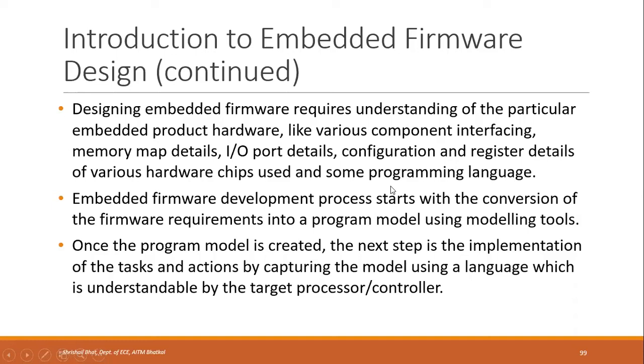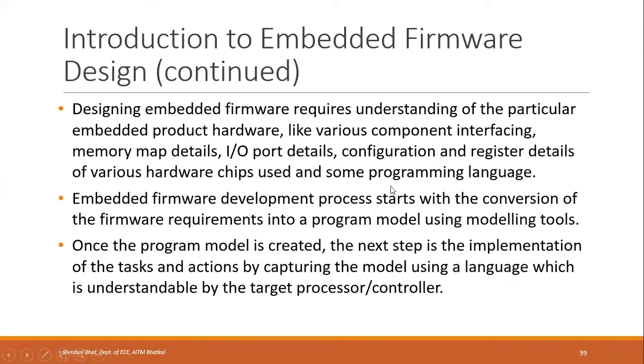So this process starts with the conversion of firmware requirements into a program model using modeling tools. Okay, so first you have to create a model using some modeling tools. Once the model is created, we have seen what are the different types of model, right?